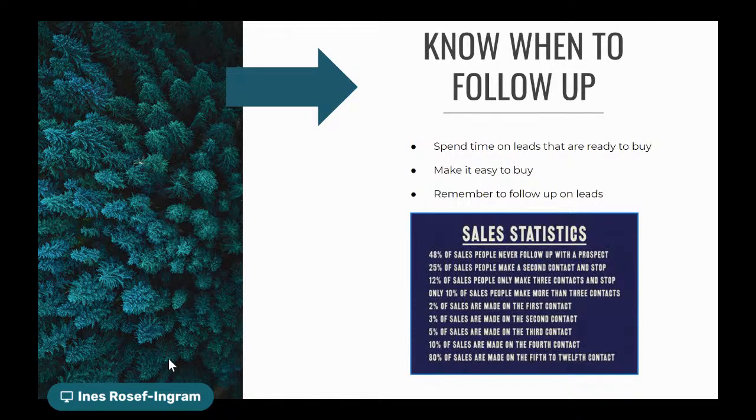You see, there's a lot of potential here. Just in understanding that you need to follow up properly, there's a lot of potential in converting more clicks into clients. So really think about this.